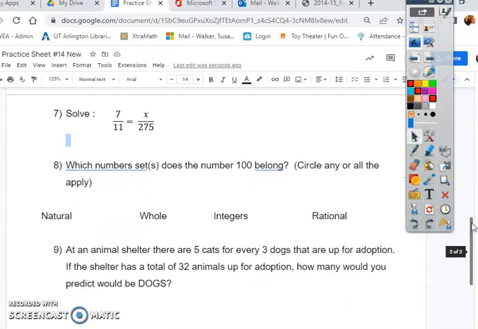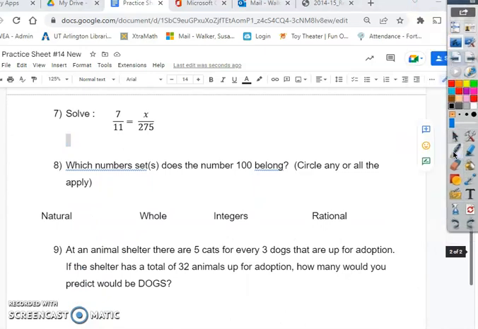So number 8. Which number sets does the number 100 belong? Well, remember, these are in order. When we talked about NWIR, never walk in rain. Every number we know goes in rational, everything except for pi. Okay?